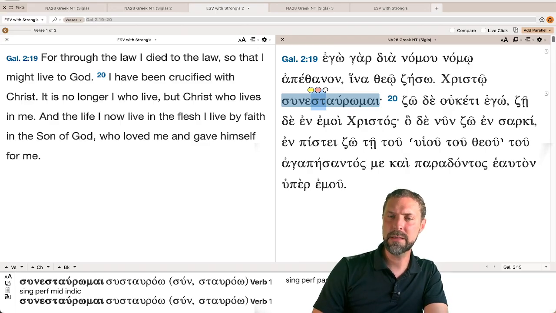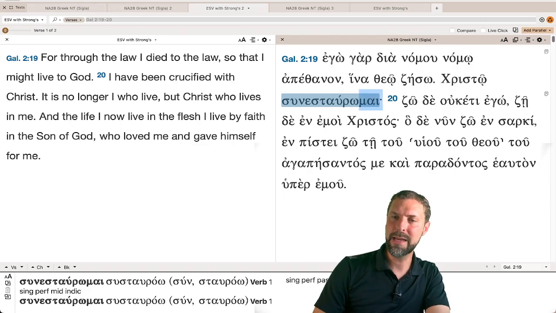What makes this a perfect, in this case passive, is that I see the mai ending on it, and the lack of a connecting vowel. Stauroo is the verb. It's a contract verb, so this is lengthened. There's no connecting vowel. A primary middle passive ending, maisaitai, forces it to be a perfect.